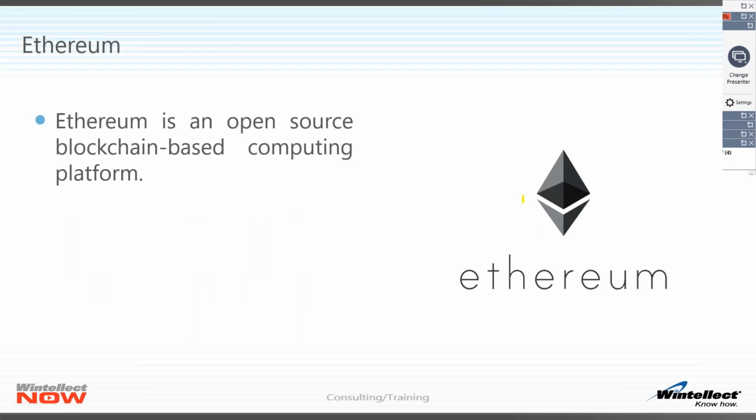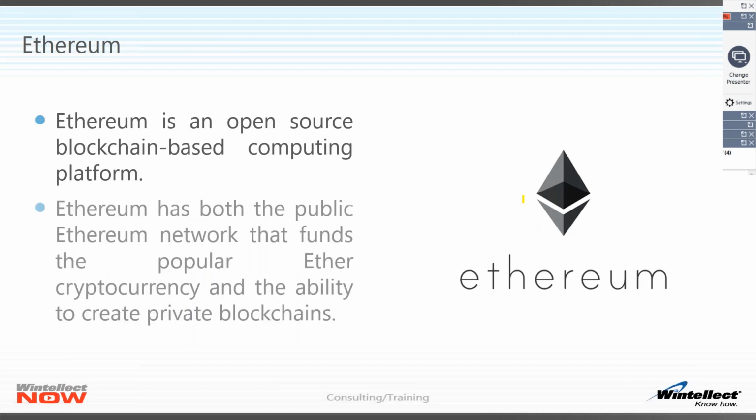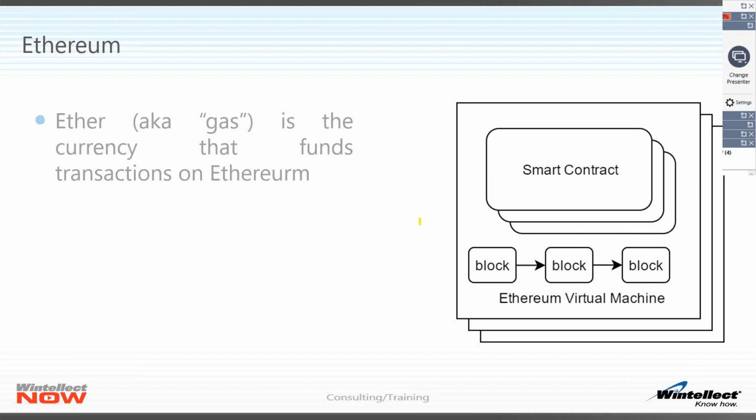It is an open source blockchain-based computing platform. It is the backbone of the Ethereum public network, and it also has a cryptocurrency that can be created, the cryptocurrency Ether. It's the network that runs that, but you can also install Ethereum as a consortium blockchain or as a private blockchain, and we're going to be demoing it as a private blockchain in our work today.